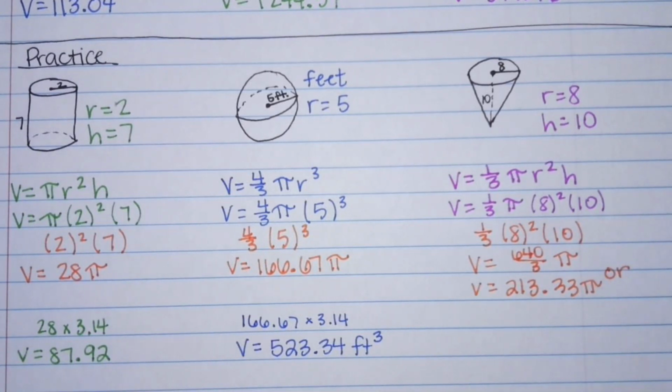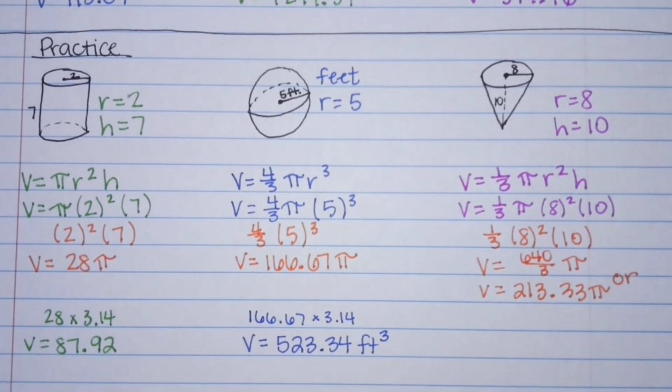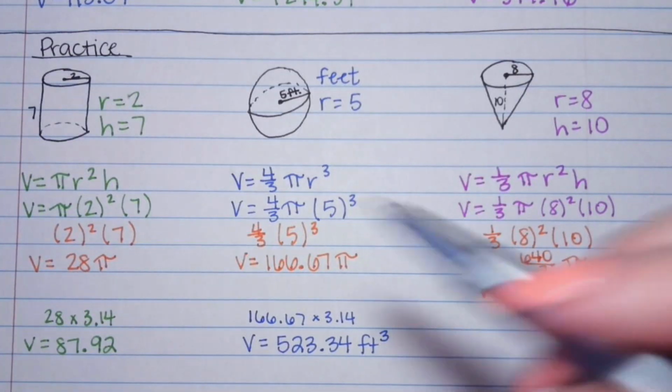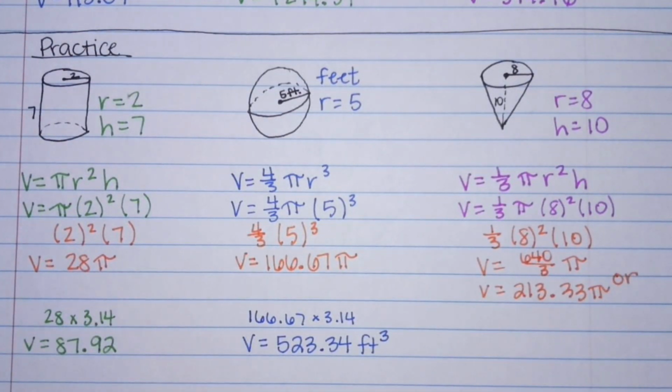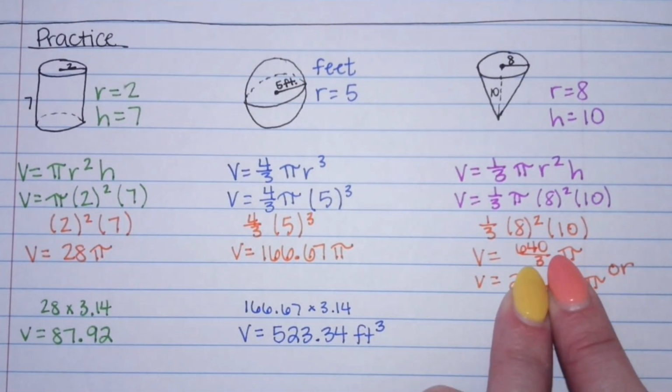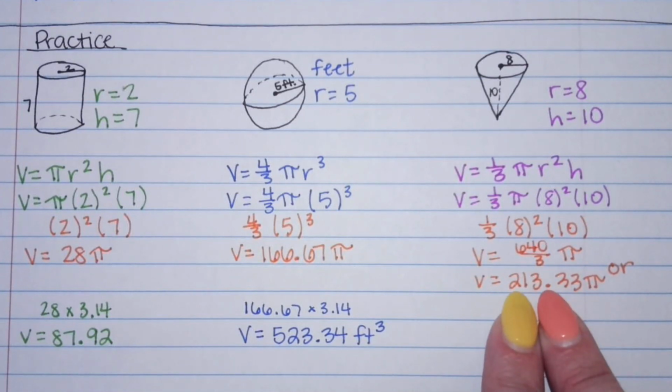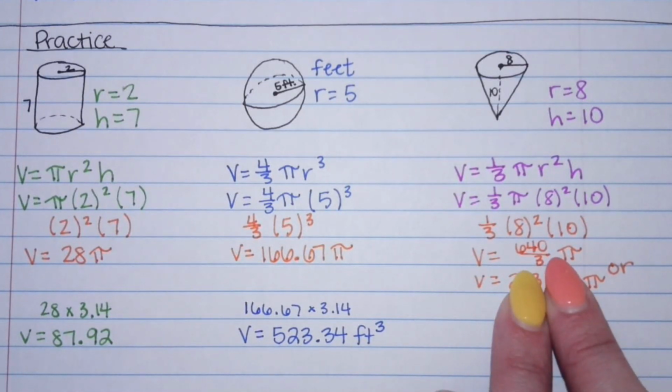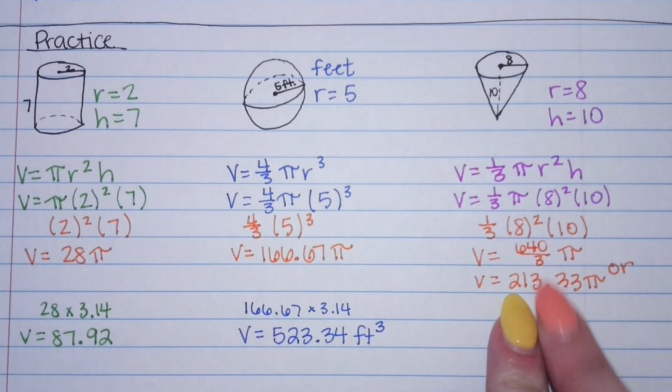It really depends on the mode that you're in. Both of these would be equivalent. And if you saw 640/3 on your test, but this is what came out of your calculator, you can just do 640 divided by 3 to make sure that they're equivalent.